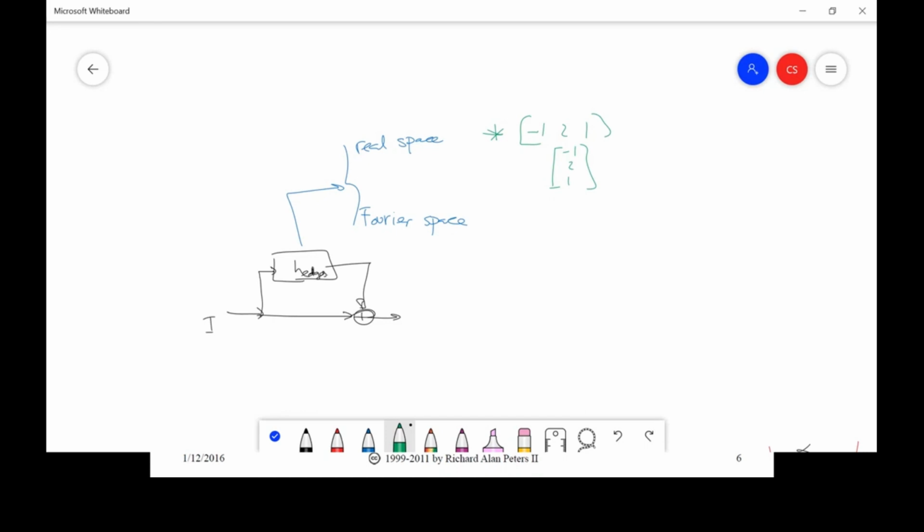There are a few kernels that compute derivatives in different directions, and we can add them and so on. The other one is in Fourier space. In the Fourier space, if you want to compute the derivative with respect to x, you multiply by this one, if you want the derivative with respect to y, by this one, and you can construct again all kinds of combinations.